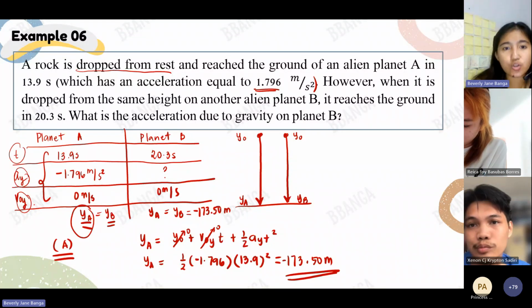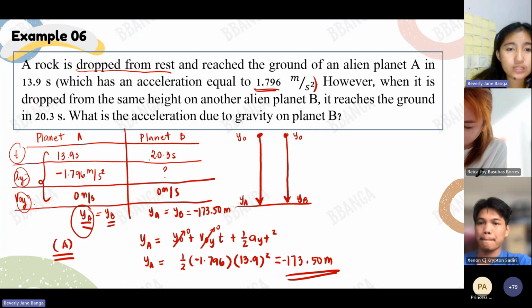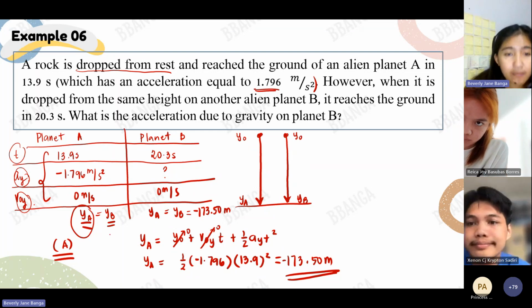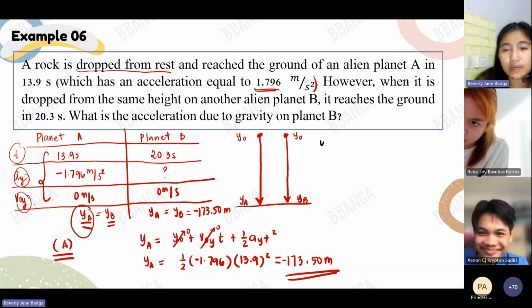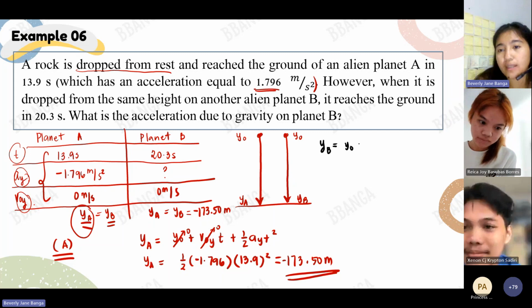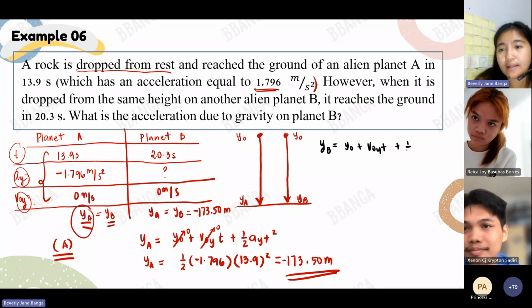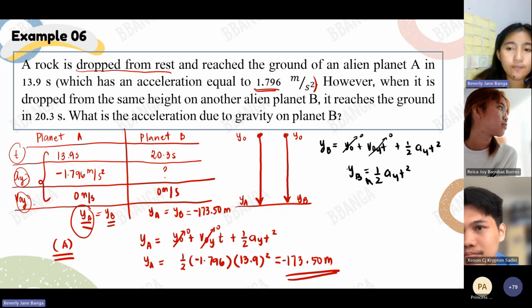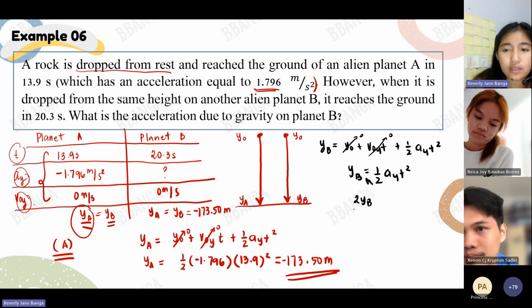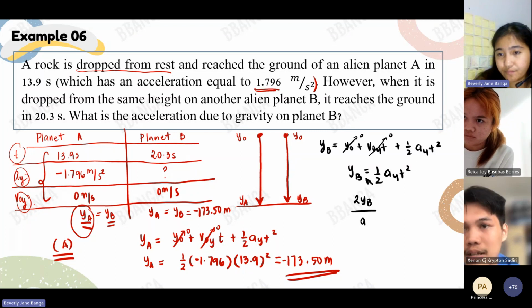So, since same parameters lang yung meron tayo class T, AY, VOY, and Y, pwede nating gamitin yung same equation, third equation pa rin, to get the acceleration of the planet B. So, ganun pa rin class, YB is equal to Y naught plus VOYT plus 1/2 AYT squared. Y naught is 0, VOY is 0, so you're left with YB equals 1/2 AYT squared. Na kung saan, if we're going to manipulate the equation, you have 2YB over t squared, it's equal to ay.